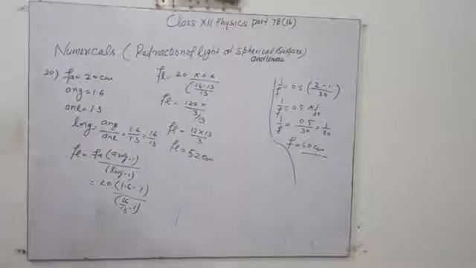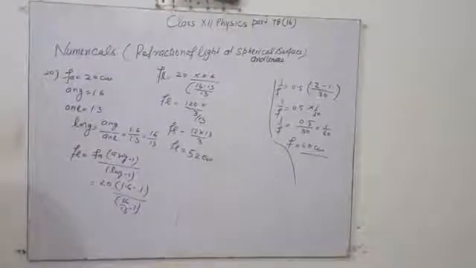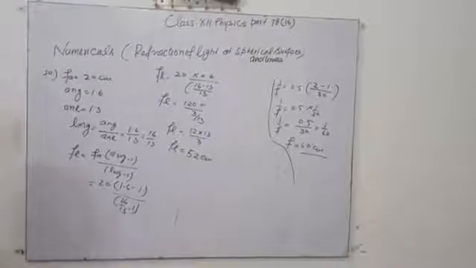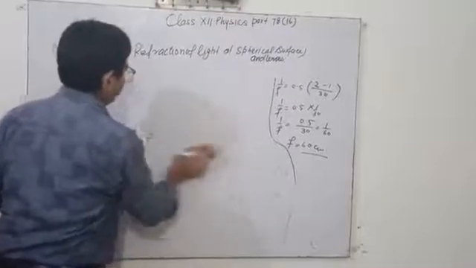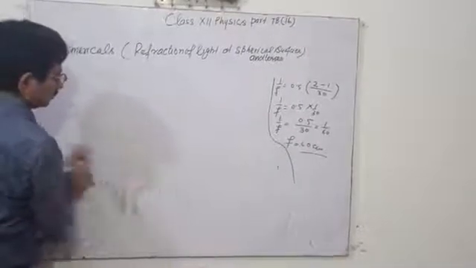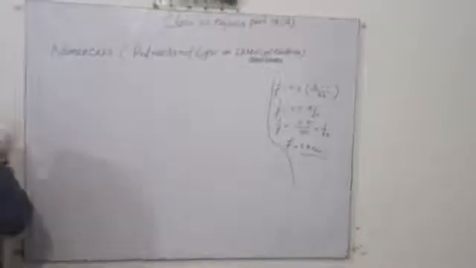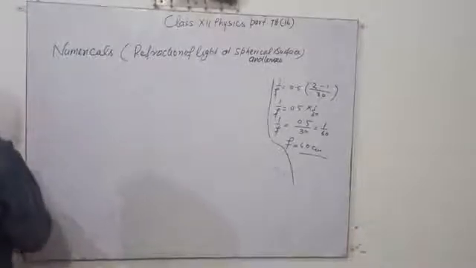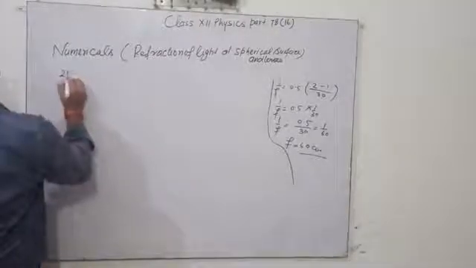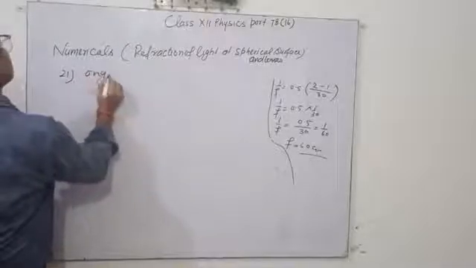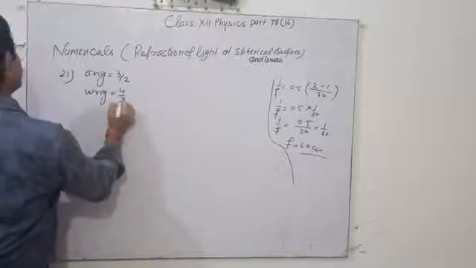Now come to question 21. The refractive index of glass with respect to air, ANG, equals 3 by 2, and WNG equals 4 by 3.